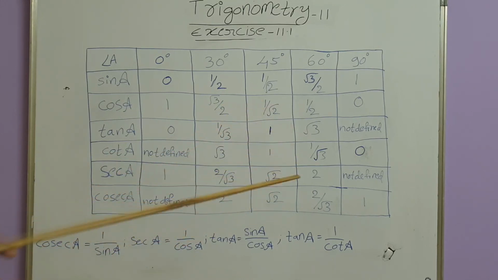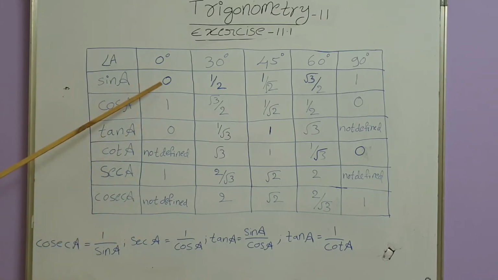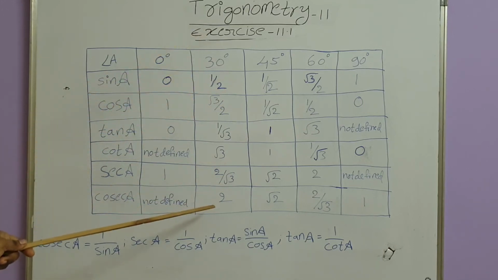We get not defined. And cosec A, what is cosec A? Cosec A is equal to 1 by sin A. Cosec 0 degrees is equal to 1 by 0, not defined. And cosec 30 degrees, 1 by 1 by 2. This denominator goes to numerator. We get 2.